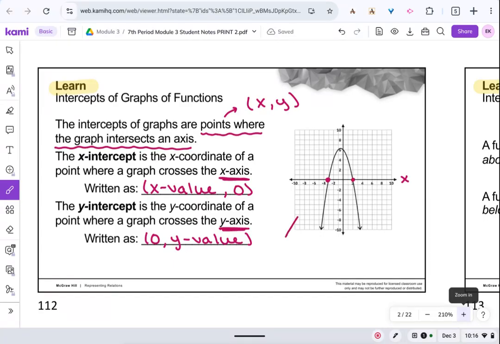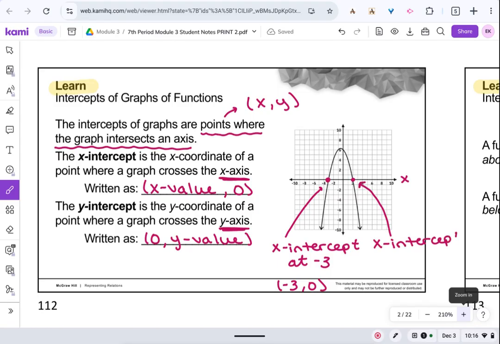The value here is one of our x-intercepts. So this is considered one of our x-intercepts, and it's at -3. Now, how I would write that out as a point is -3, 0. So that would be considered one of our x-intercepts. The other x-intercept is over here at that 2 spot, so that's our other one.